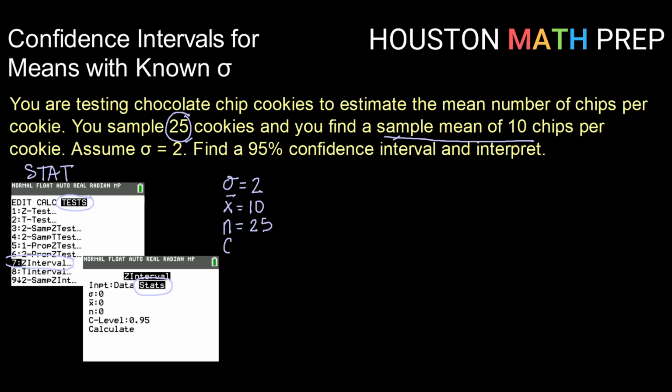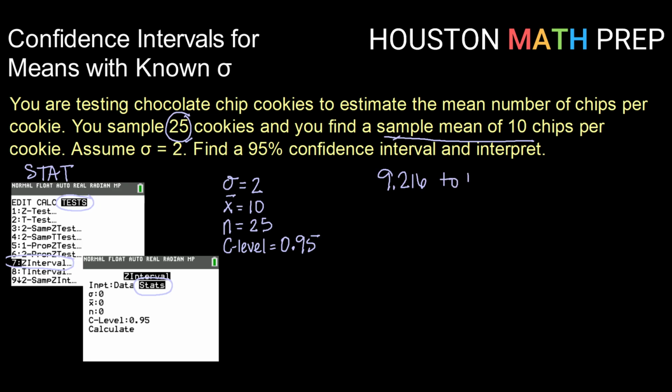And then our confidence level, in this case, is 95%. Notice here I need to put that as a decimal, 0.95.